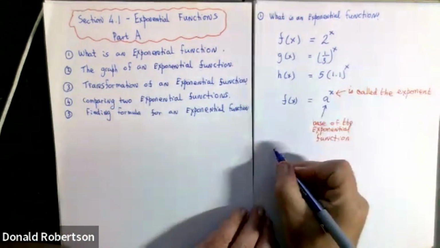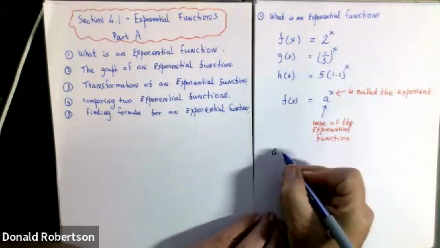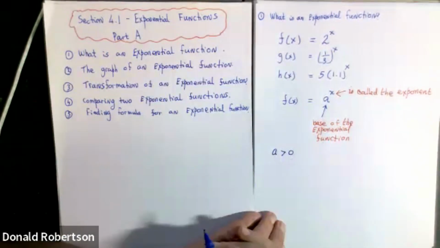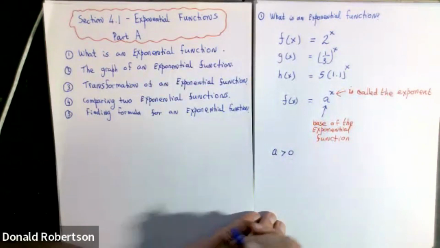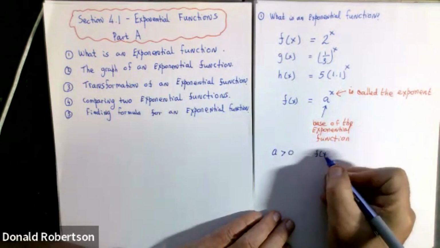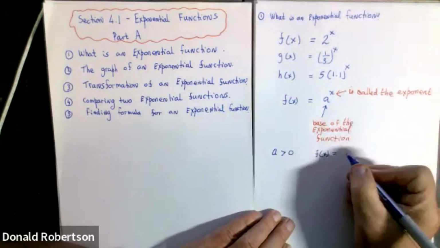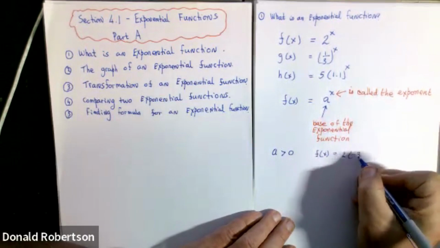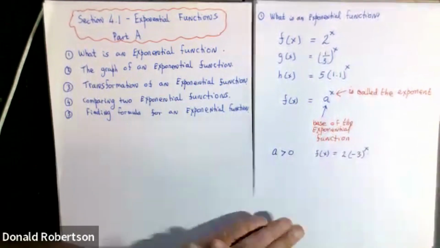So here's the first one. a, the base, must be positive. So you can't have, for instance, a function like this one. Let's say that guy.